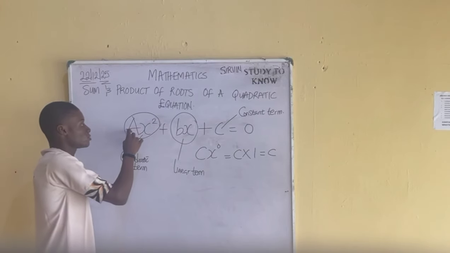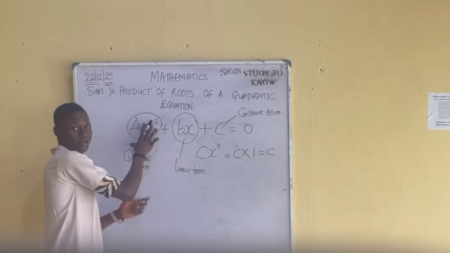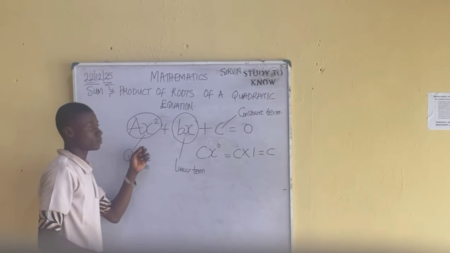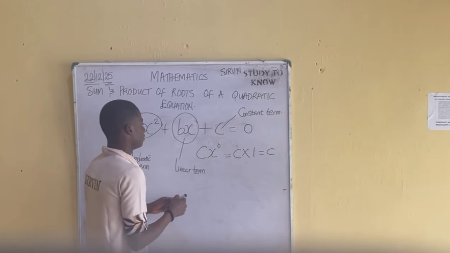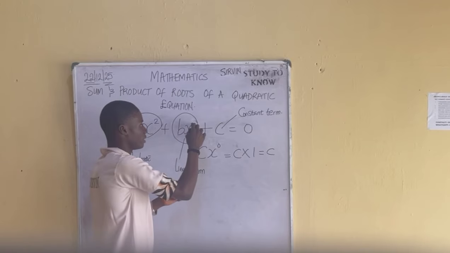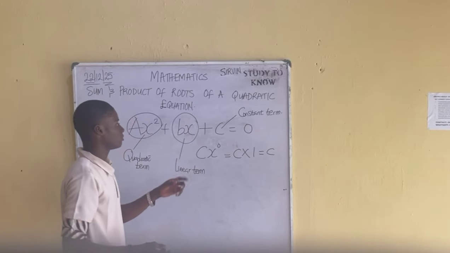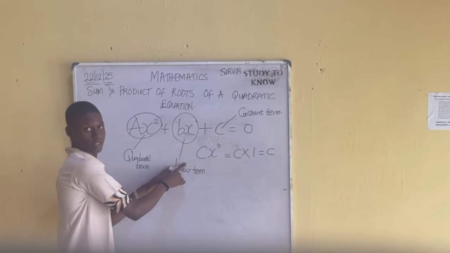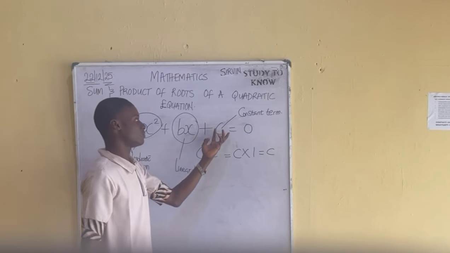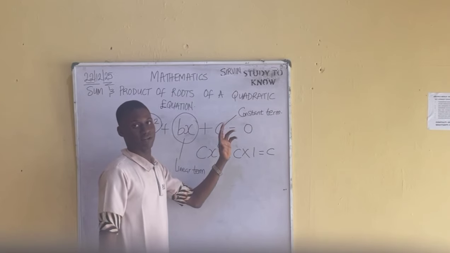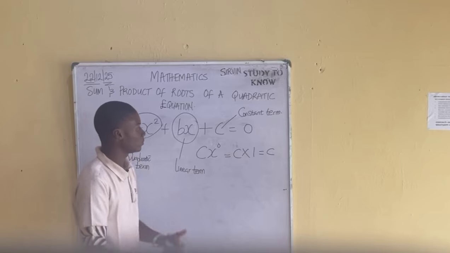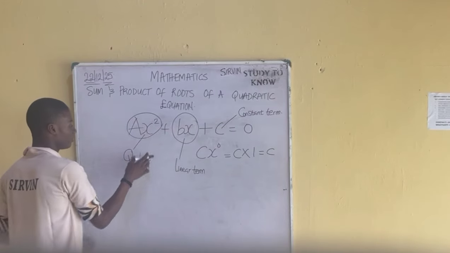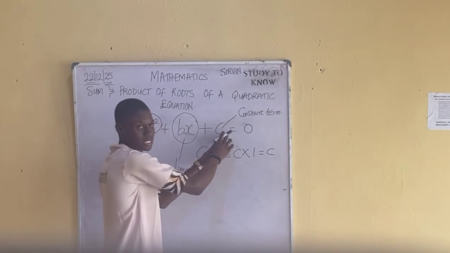But if it is 0, then 0 times x squared is 0, meaning that this is no longer a quadratic equation. So a can be any number, but not 0. This is a linear term because the highest value of x here is 1. You understand? But if here is 0, this is no longer a linear term. So this is a constant term. I've already explained that it is a term that doesn't have any value of x, and it can be from 0 to anything you can think of. So now we've understood this and the constant term.